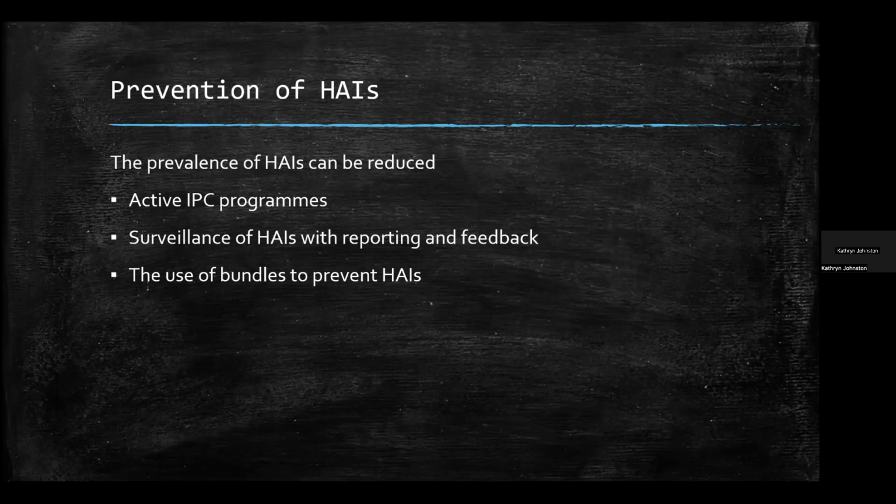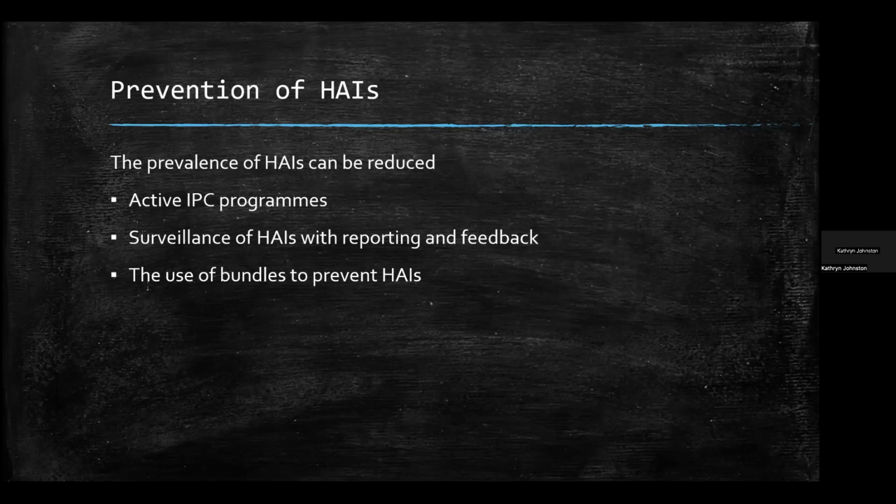There actually are bundles that have been developed for the prevention of central line-associated bloodstream infections, bundles for the prevention of catheter-associated urinary tract infections, bundles for the prevention of ventilator-associated pneumonias, and bundles for the prevention of SSIs. So what are bundles?